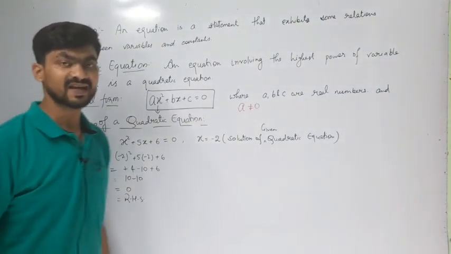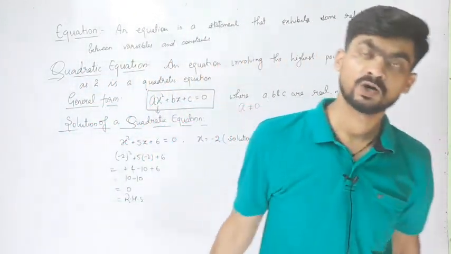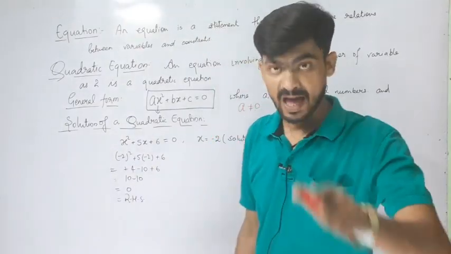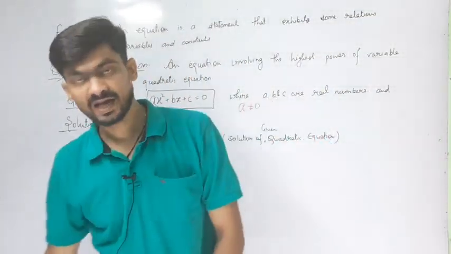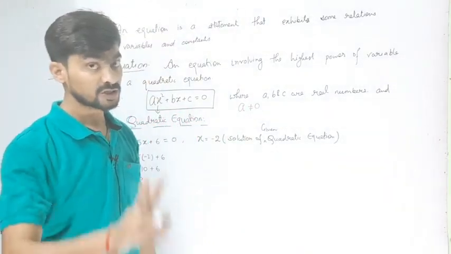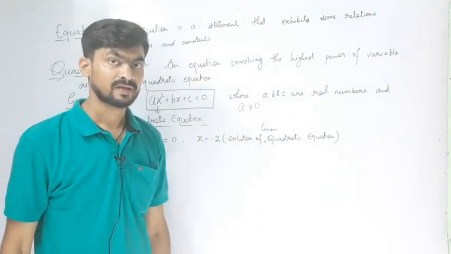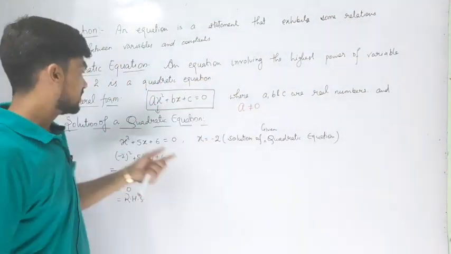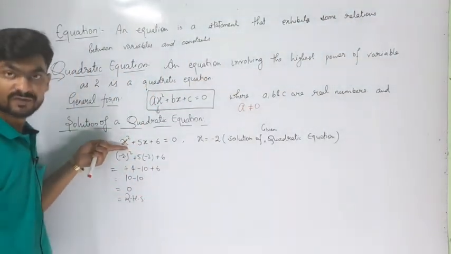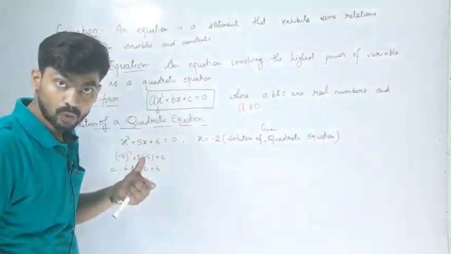Now, the question arises, how many solutions can a quadratic equation have? So, my dear students, a quadratic equation can have at most 2 solutions. Solution means the real numbers for which the LHS of the equation becomes 0.